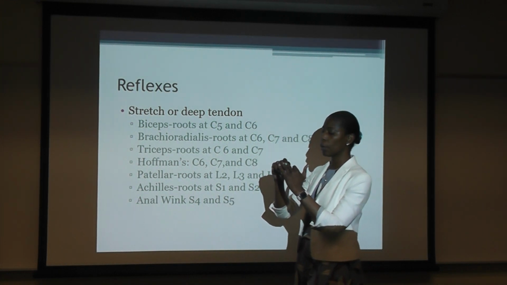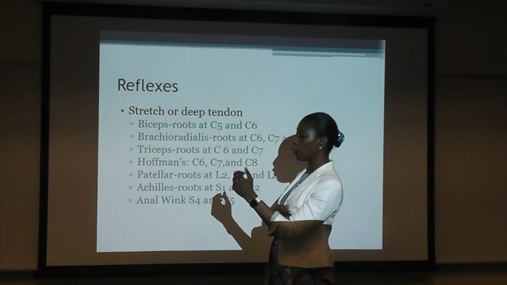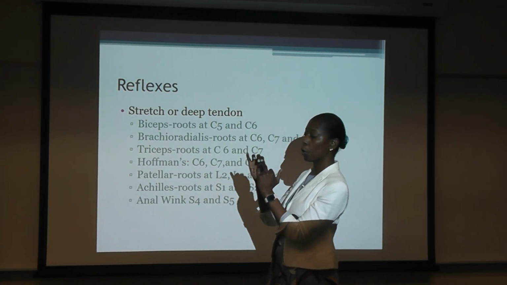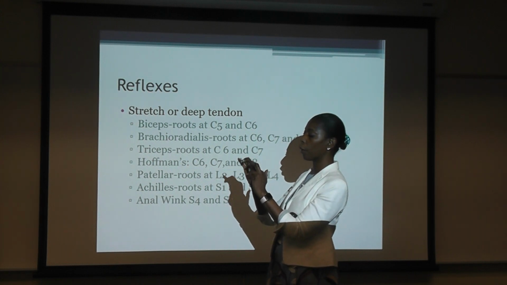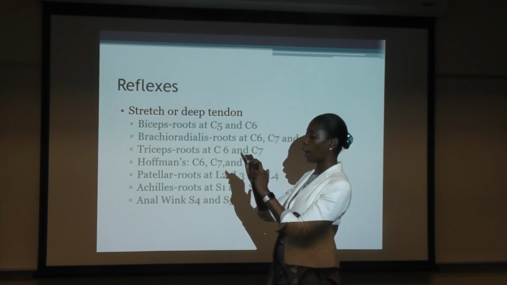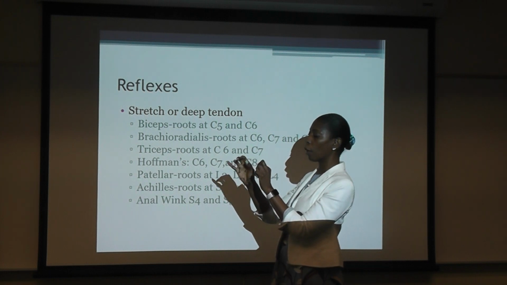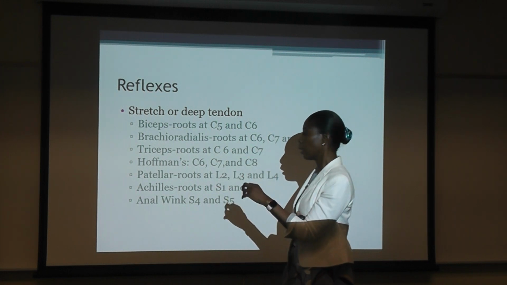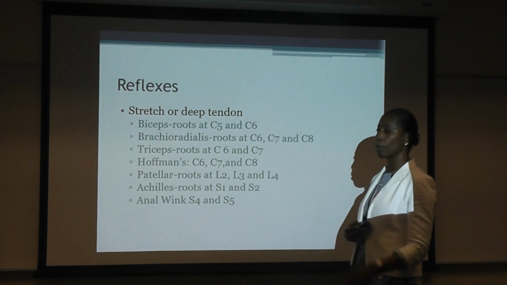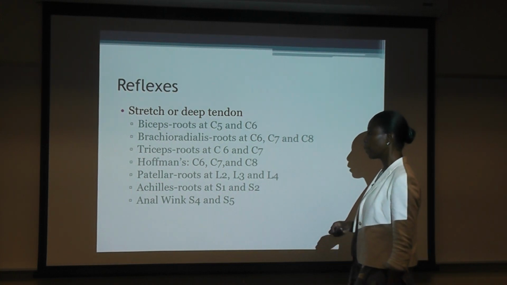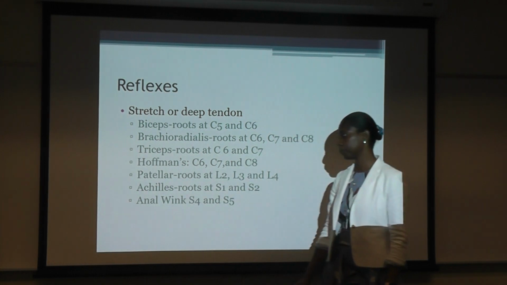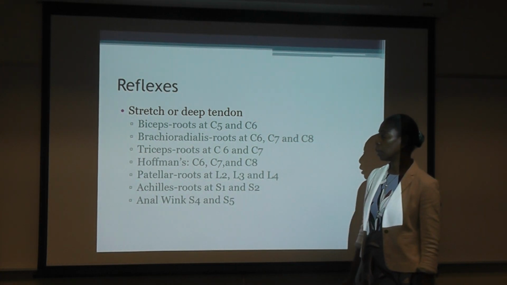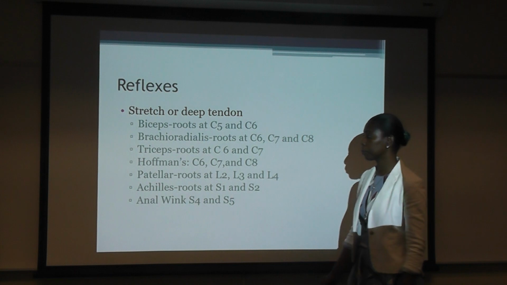Hoffman's is where you take the fingers, hold them with the hand completely relaxed, and you flick the finger. If someone has a positive Hoffman's, when you flick the finger, their whole hand kind of contracts. And that usually indicates that there's some spinal cord compression. Okay? And spinal cord compression is usually at C6, C7, or C8. Okay? Or it could be above it.